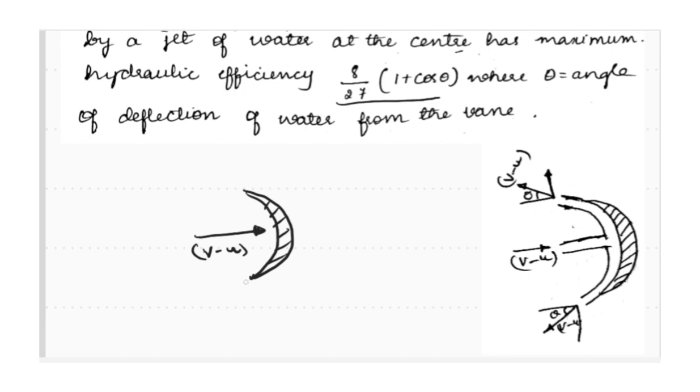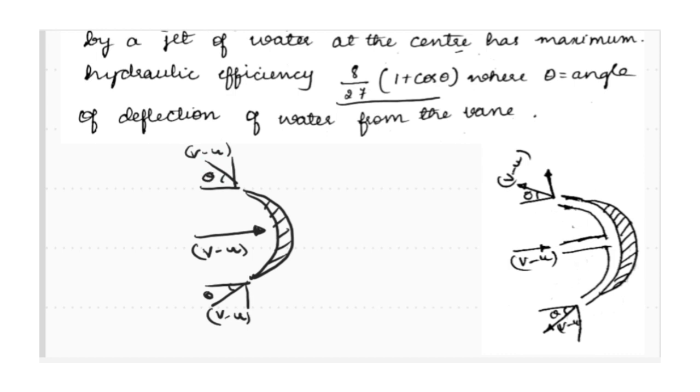So we have to draw when it leaves the vane like this, making an angle theta, this is v minus u, and similarly, it will leave with a velocity v minus u, making angle theta.